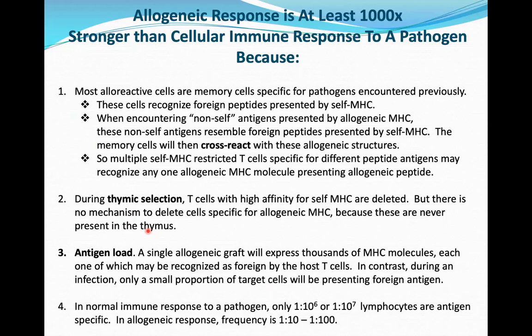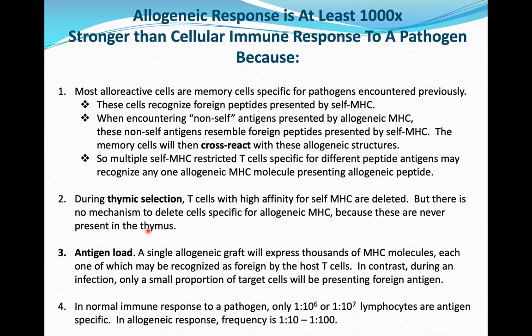Imagine that if you transplant a solid organ like a kidney or a liver into a recipient, and if the HLA is not compatible, you are sticking in a massive amount of antigens to be detected by the immune system. Compared to even a full-blown systemic bacterial infection, the number of cells that you're putting into the body is much higher. So because of the antigen load, your immune response is a lot more intense.